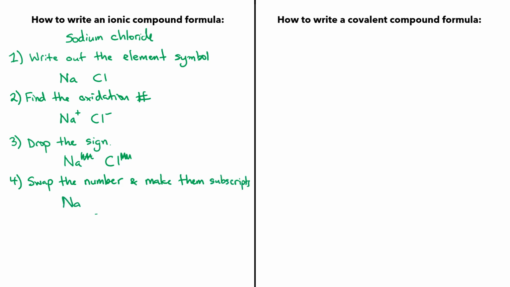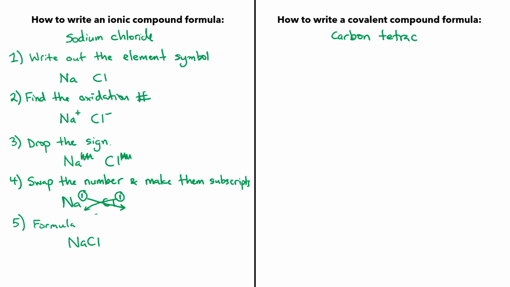I'm going to show that process. In this process, there's an invisible 1. I take that number and I swap. So we have the formula NaCl.